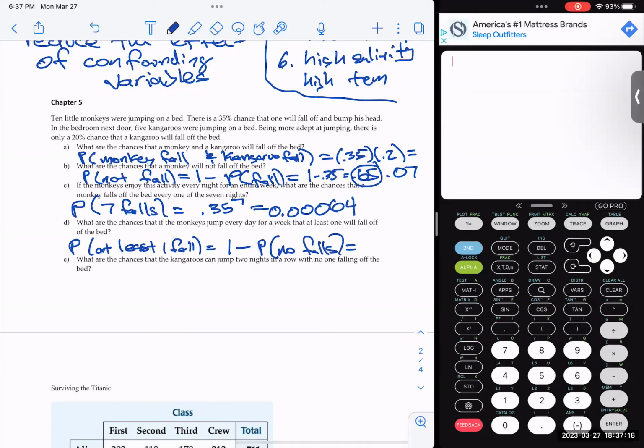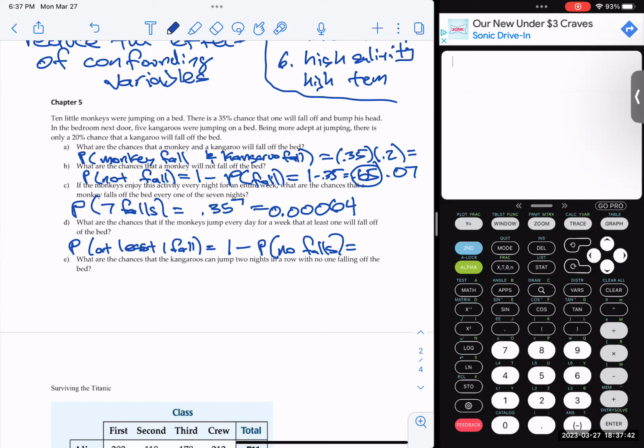Now, what I was just talking about is the longer way to do it, right? We could say the probability of 1 fall or 2 falls or 3 falls or 4 falls or 5 falls or 6 falls or 7 falls, right? And because they're ors, what would we do with those once we found them? We'd add them, right? Yeah, but that's a lot of work.